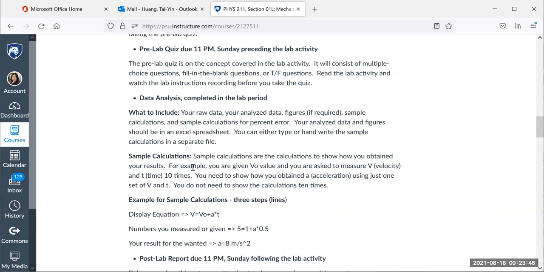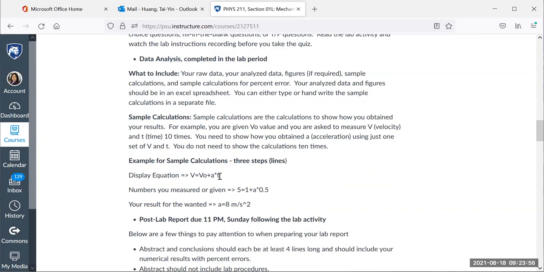Okay. Now, regarding sample calculations: they are the calculations to show how you obtained your results. For example, the experiment is designed so that we want to find the acceleration, and you're given the initial velocity v naught, and then you are measuring instantaneous velocity v as a function of time.